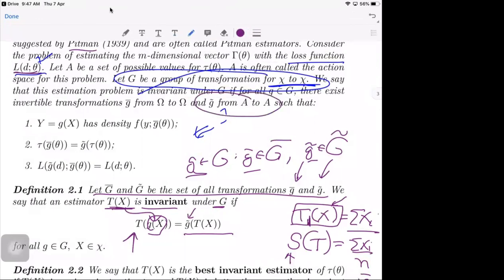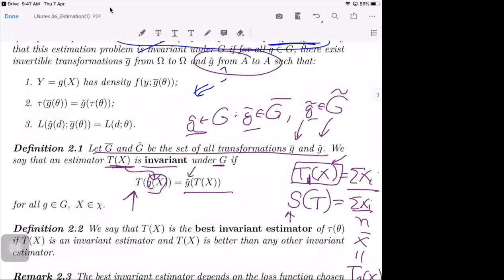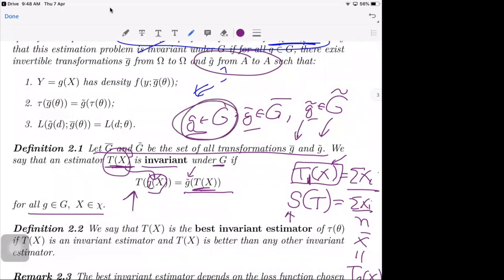This G tilde is in your action space. So it converts the action space on your T of X, on your estimator, for all G in G. So the G in G can be G tilde or G bar, and for all X in your data set or data space. So that is the definition of an invariant estimator.